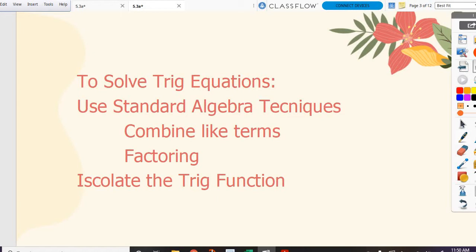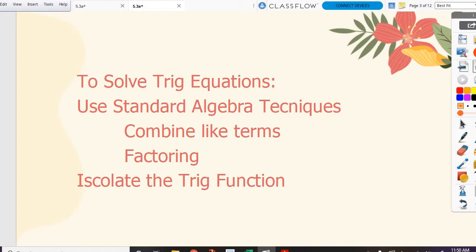All of the algebra stuff that we have learned up until this point is still valid. So I think that's usually where the hard part is for some of these types of problems, because students get so focused on the trig stuff that you forget about all of your algebra stuff. So that's usually where people make the most mistakes, is just the algebra part.